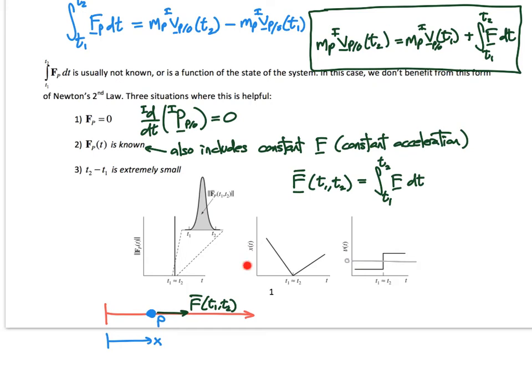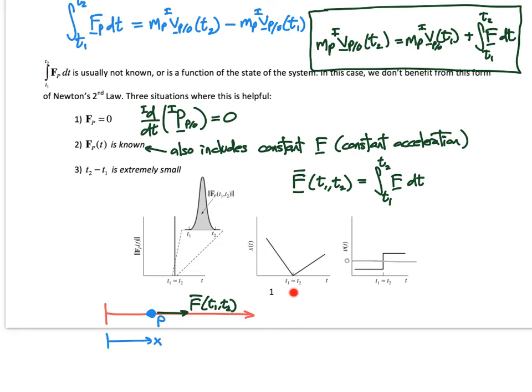And so if we examine our curve here, x as a function of t, let's say that our particle P is moving toward the origin. As we see here across time, we're moving to 0. And if at 0 we apply an impulsive force that's in the positive direction, there is no instantaneous change in position.